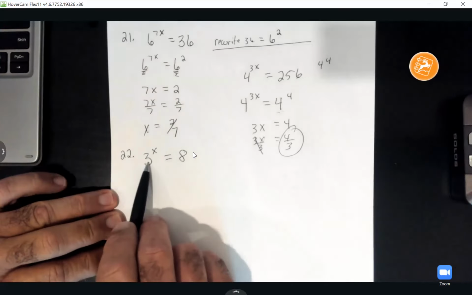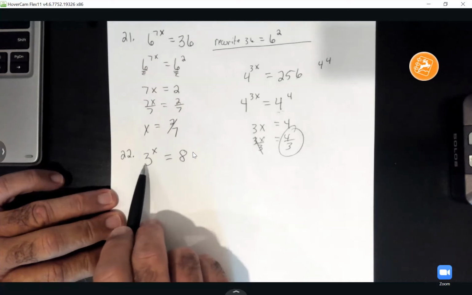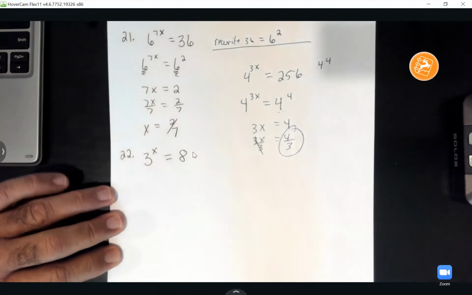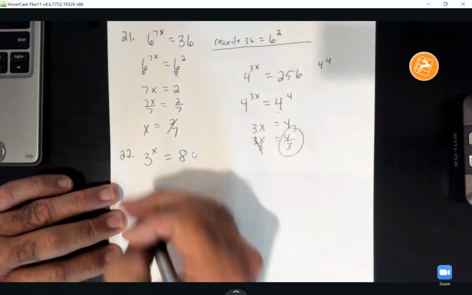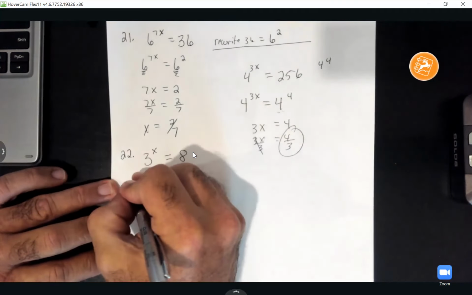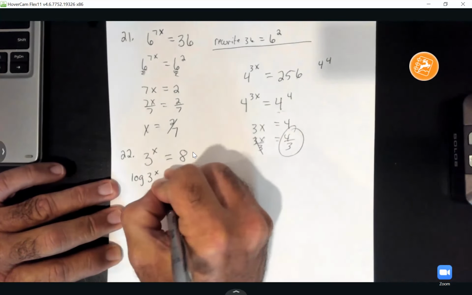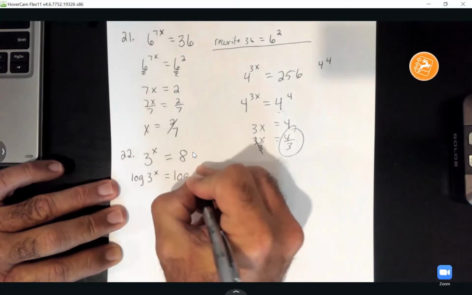Since I can't rewrite 8 using a 3, because powers of 3 go 3, 9, 27, and so on, we have to take a log of both sides. So the log of 3 to the x will equal log of 8.